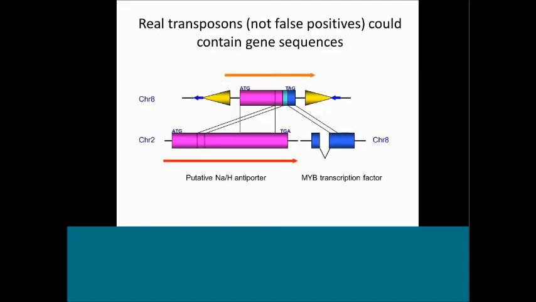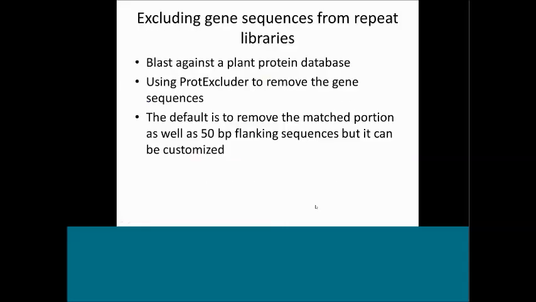As I mentioned at the beginning of my talk, even some real transposons like Pack-MULEs could contain gene sequences. In this case, you definitely don't want the gene sequences to be masked out from the genome. So this is very critical after you collect repetitive sequences: you remove the possible gene sequences from the repeat libraries.